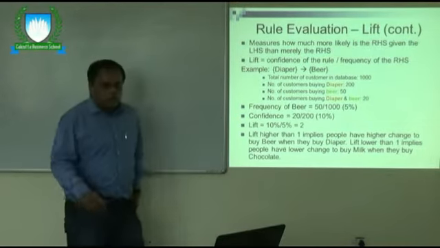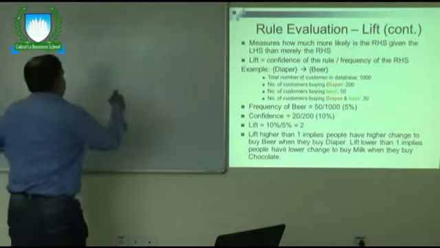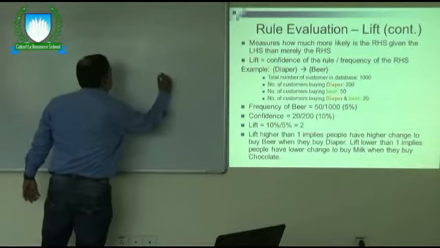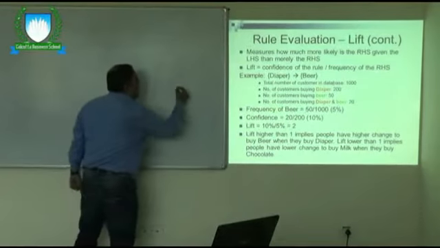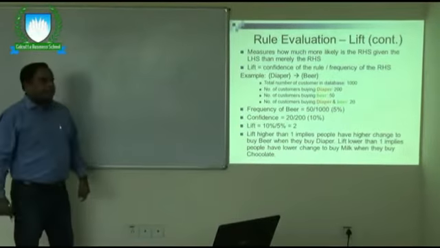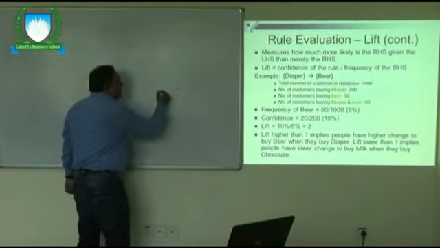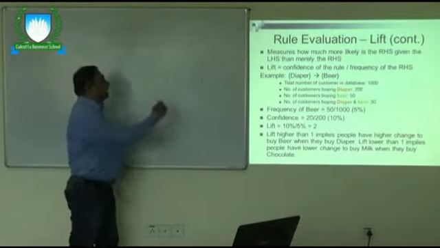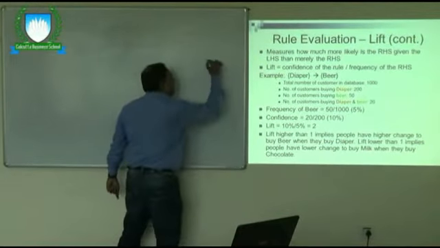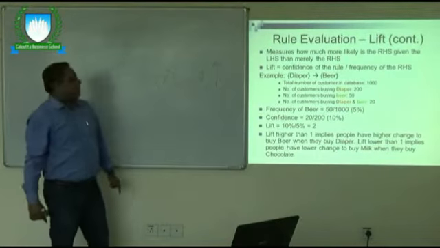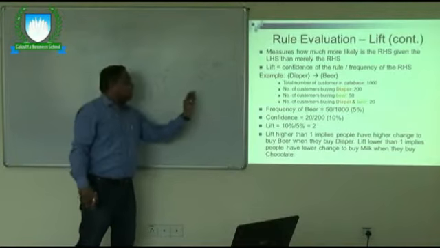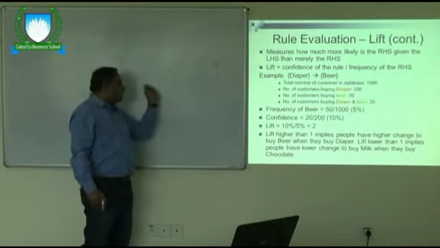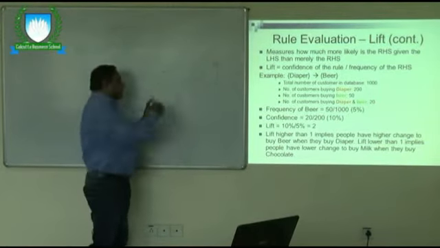So we have one product X and we have introduced another product Y. Now Y was originally having some consumption rate. We bring in X and we want to see whether the consumption of Y has increased or not. If it is really so, then X is working as a positive catalyst for me, so I will introduce this rule.